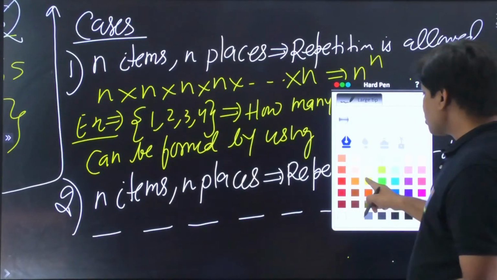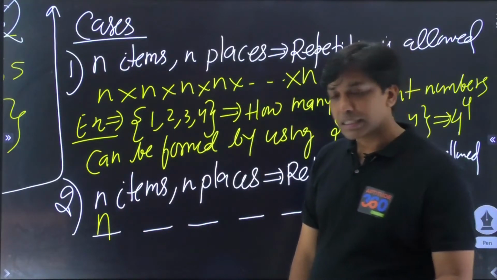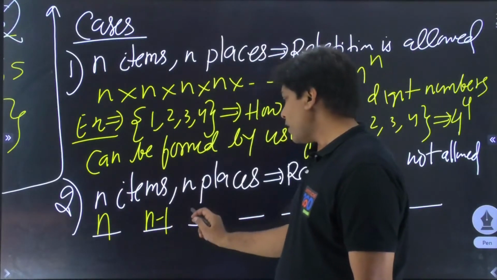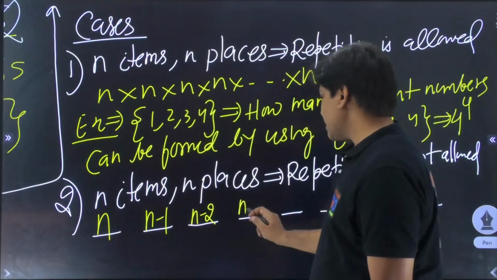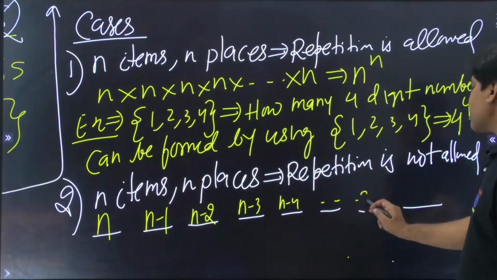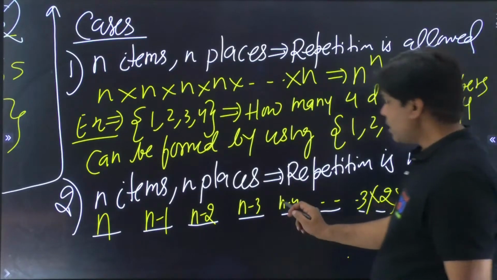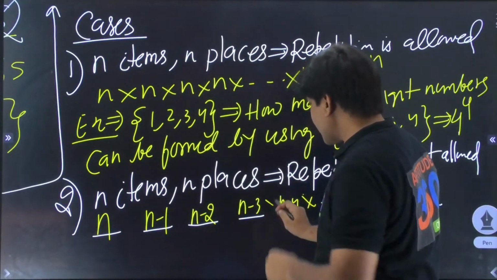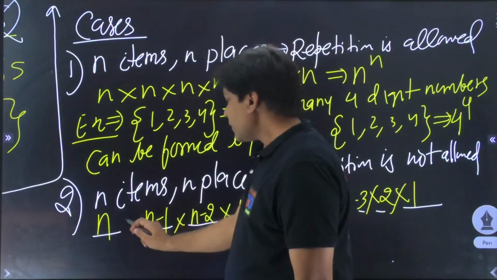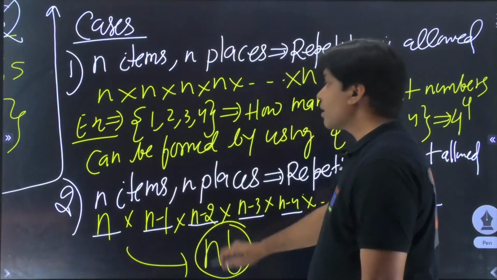And since repetition is not allowed, this can be done in n ways, and this can be done in n minus 1 ways, and this in n minus 2 ways, and in n minus 3 ways, and in n minus 4 ways, and so forth and so on. Last, this will be 3, 2, 1. So what is the answer out here? This answer is coming out as n factorial. क्या ये बात आपको समझ में आ रही है?